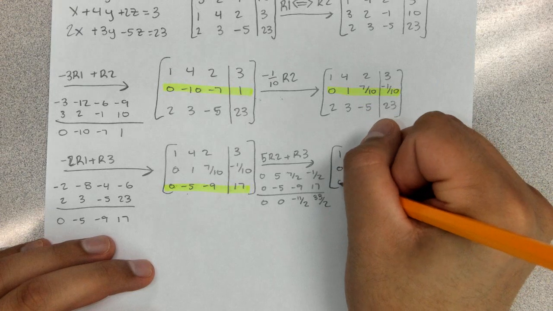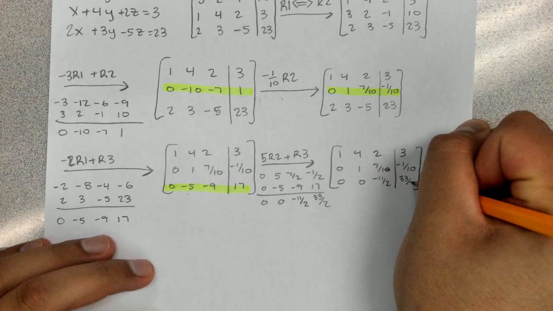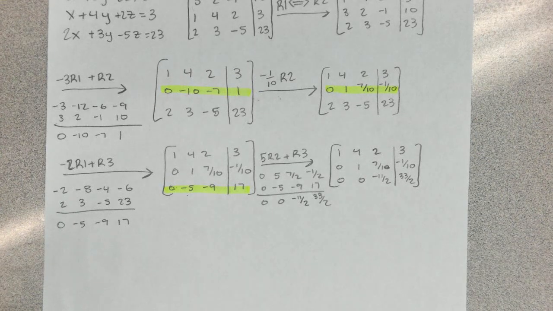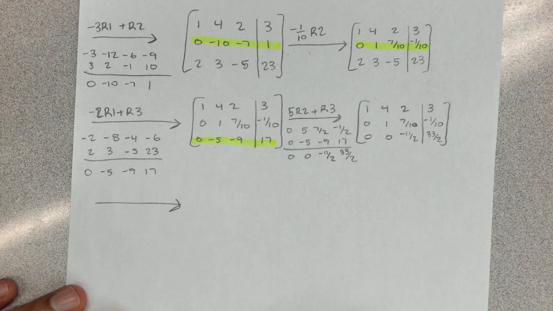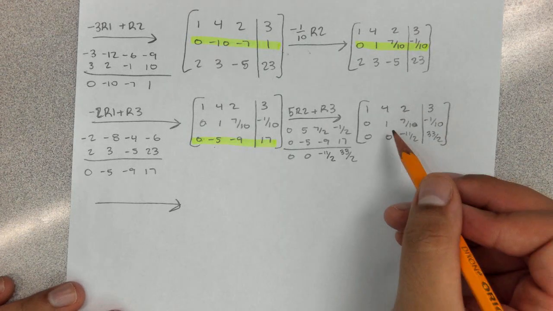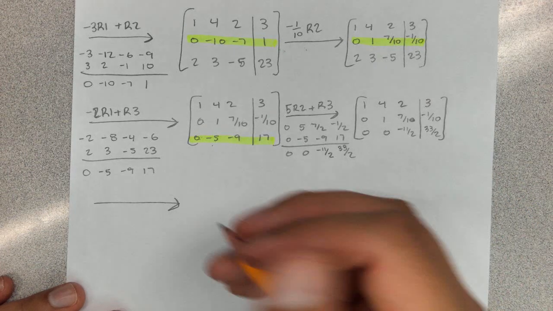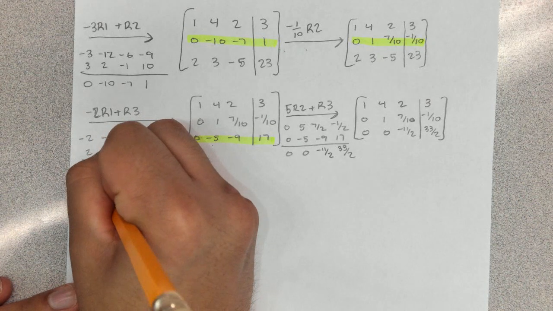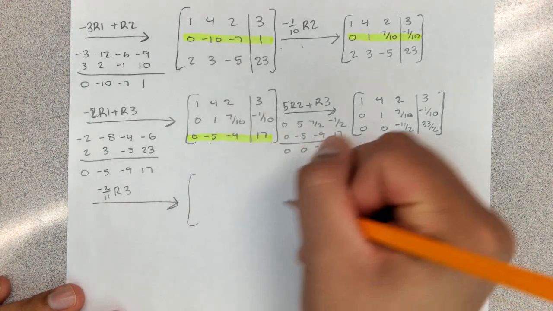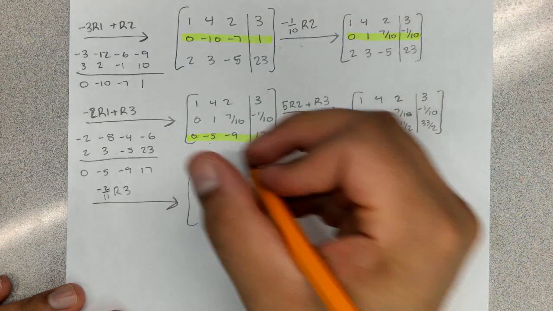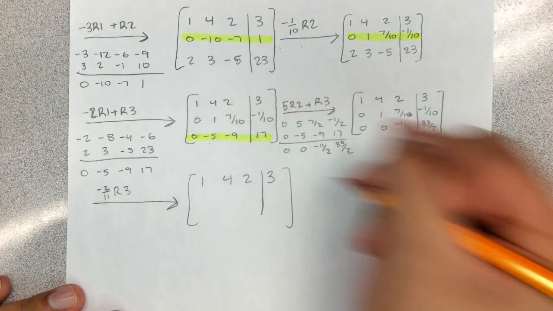Alright, so the new third row is 0, 0, negative 11 over 2, 33 over 2. And then last step, I want to make this negative 11 over 2 a 1, so I'm going to multiply by its reciprocal, which is negative 2 over 11 times row 3. So 1, 4, 2, 3 for the first row.